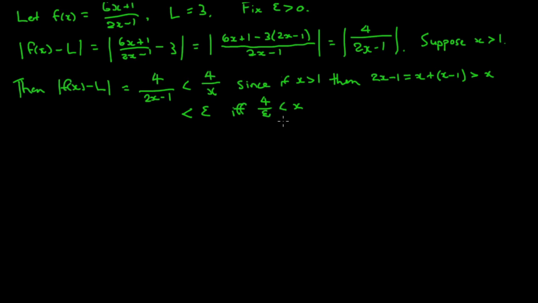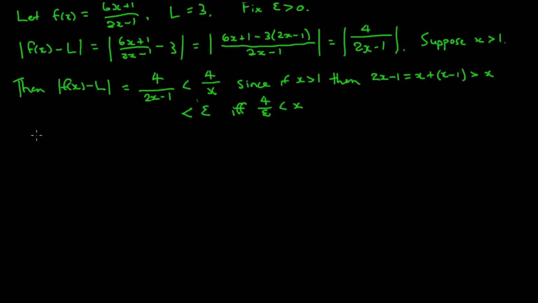So now we have what we're looking for. We've got a lower bound of x such that this condition holds, that this distance between the function value and the limit is less than epsilon.